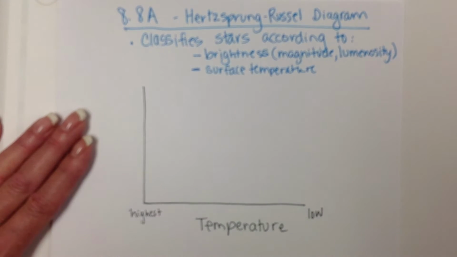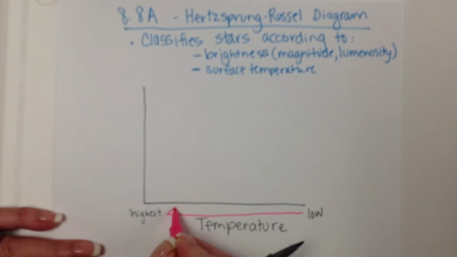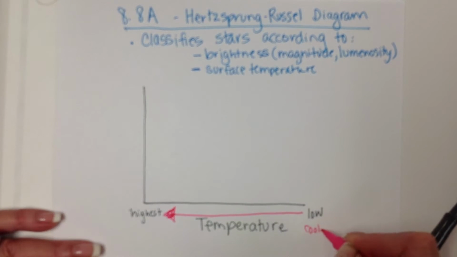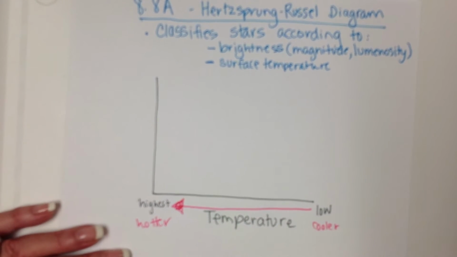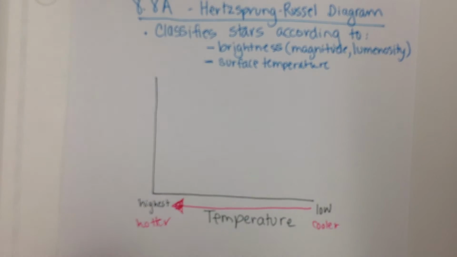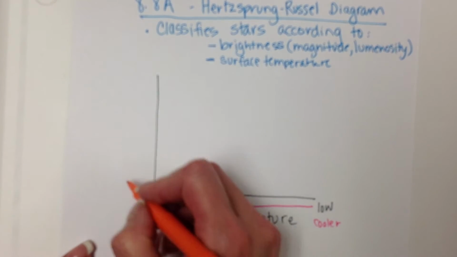So it reads from low to high, or from cooler to hotter. Okay, like so.